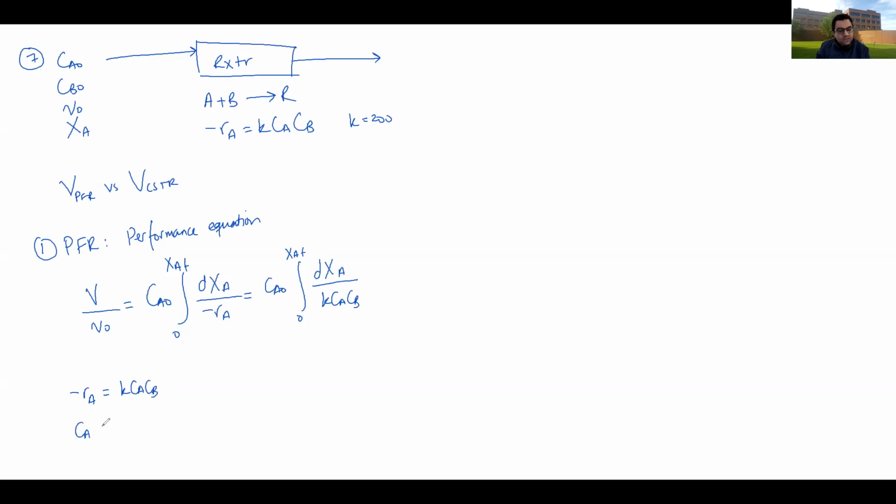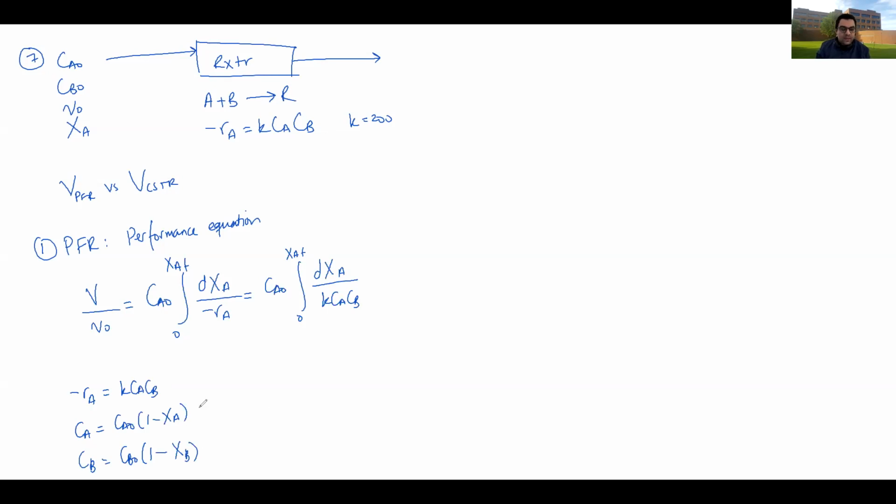You know that CA is equal to CA naught into 1 minus XA, which is the definition of the conversion. And I know that CB is equal to CB naught into 1 minus XB.